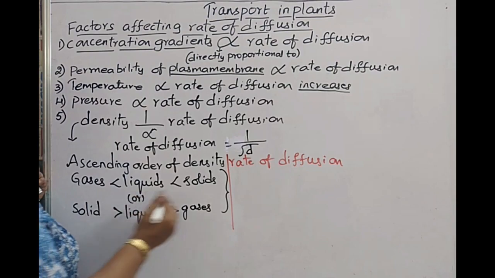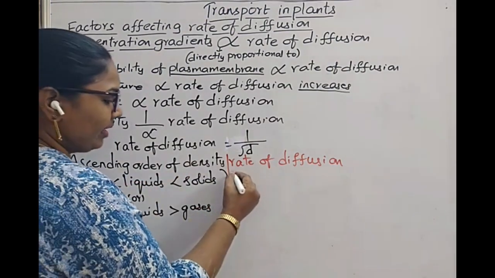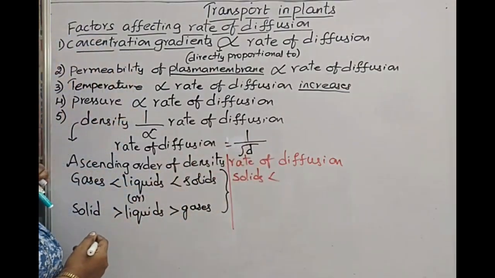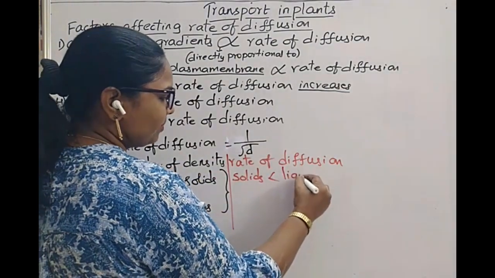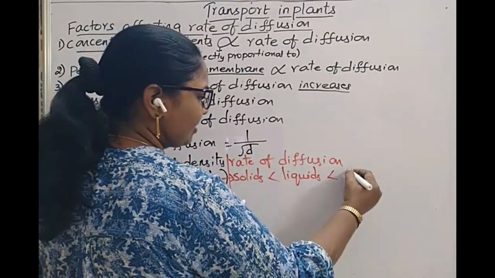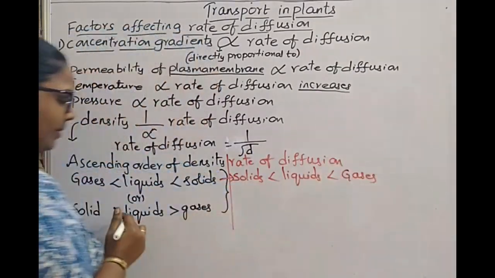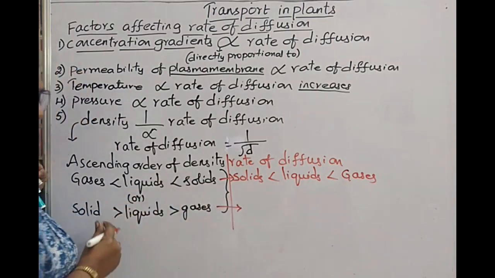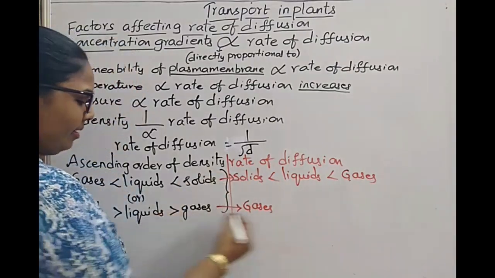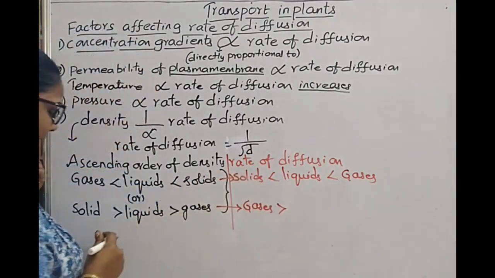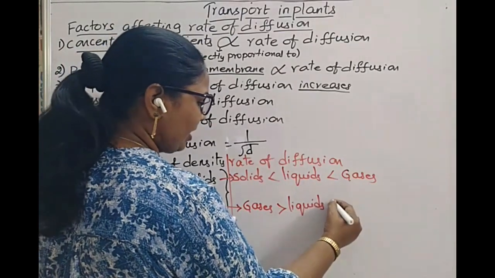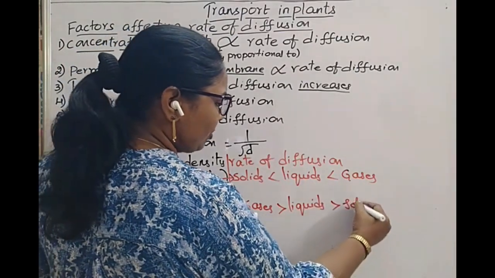If the condition is like that, then it will be reverse. Solids have less rate of diffusion than liquids, which have less rate of diffusion than gases. Here also, if you write it, it will be reverse: gases have more rate of diffusion than liquids, which have more rate of diffusion than solids.